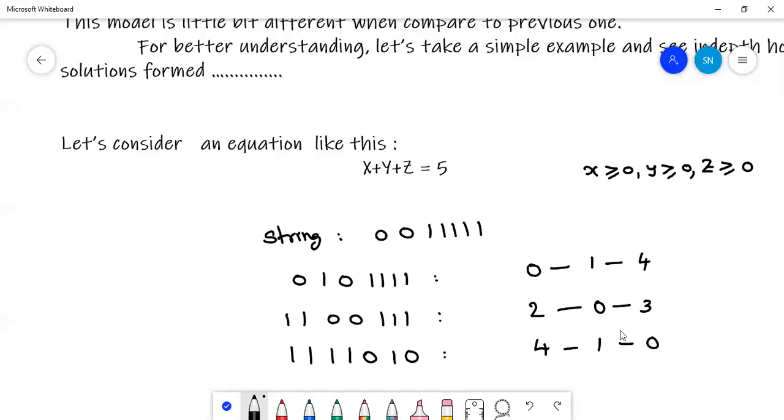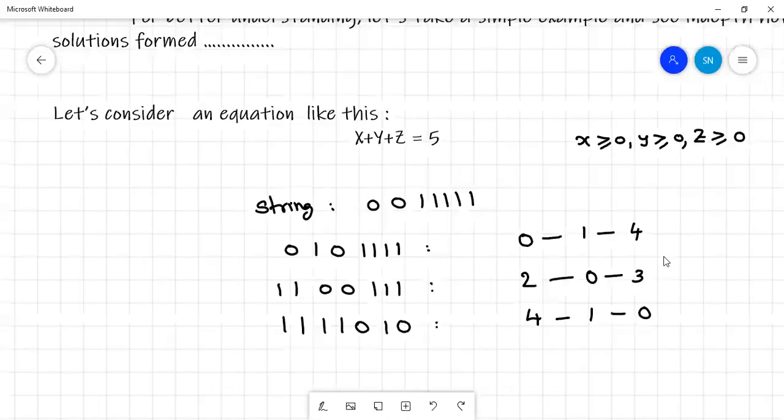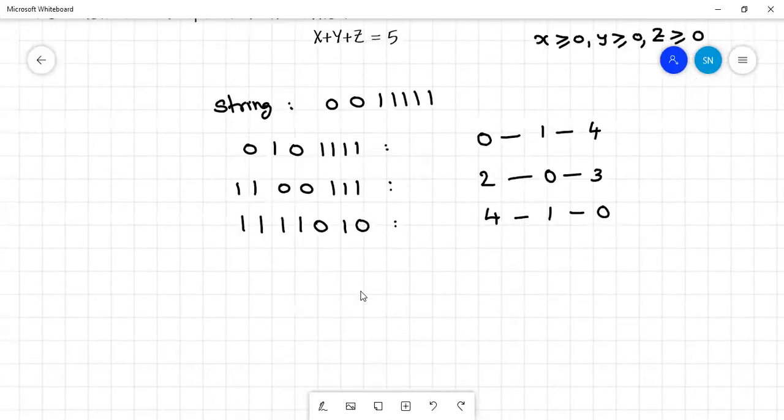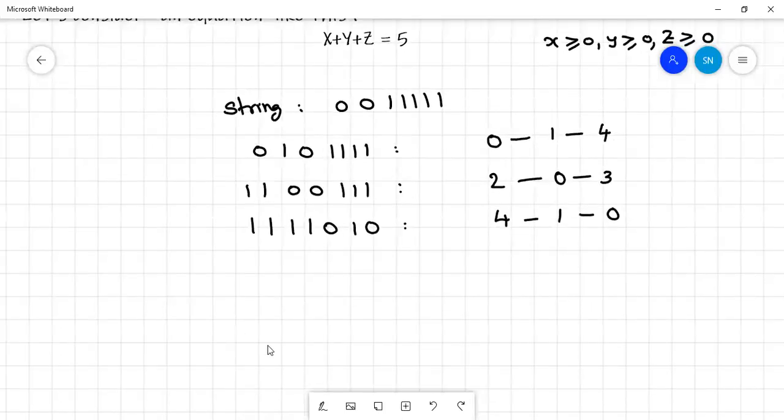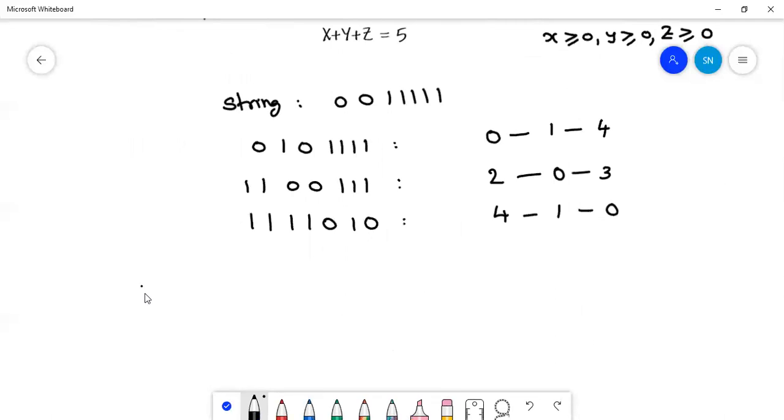1, 0. So by observing these examples, what we can understand is that the number of arrangements of the string is actually the answer for the number of integral solutions of the equation. So what you can write, shall I make a statement like this?